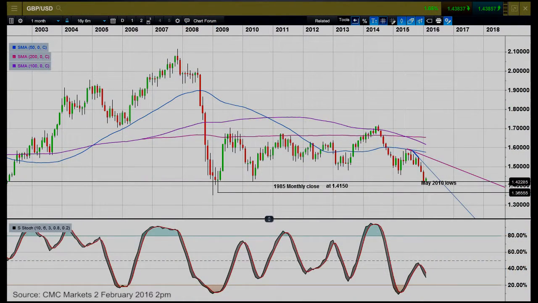Thus far, we've managed to do that. We can see that on the monthly chart that I'm showing you right now. I've drawn a horizontal line across the bottom, which basically indicates the lowest monthly close around 140, 150. While we close the month above that, then the bias remains for a potential rebound. And we do need to be aware of that.